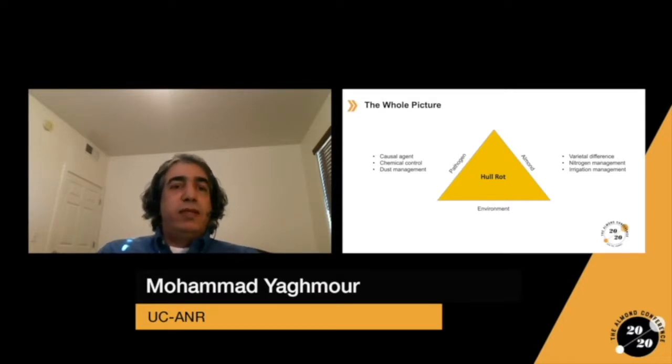We know that pathogens such as Rhizopus and Aspergillus go to the canopy on soil particles. So reducing the dust will reduce the incidence of that pathogen reaching the canopy and being deposited on the fruits during hull split. Understanding varietal differences in terms of susceptibility is important.